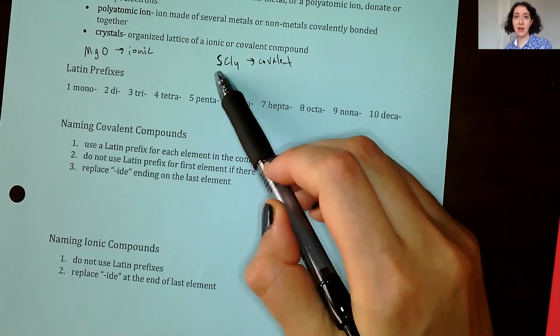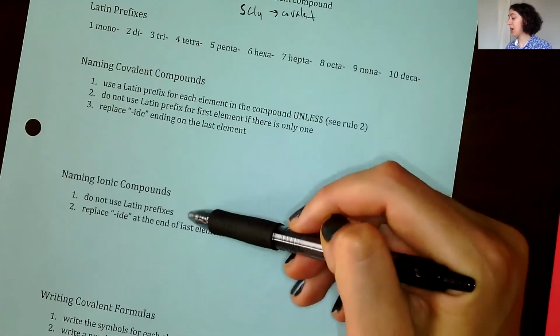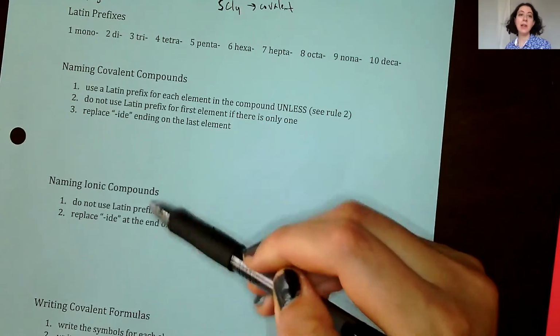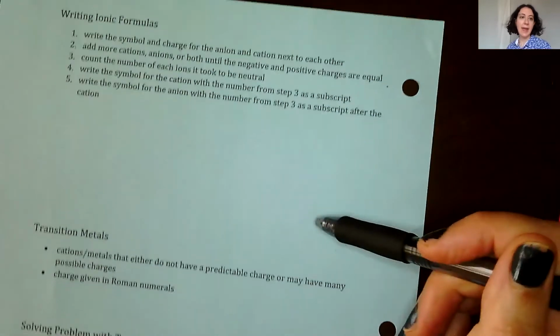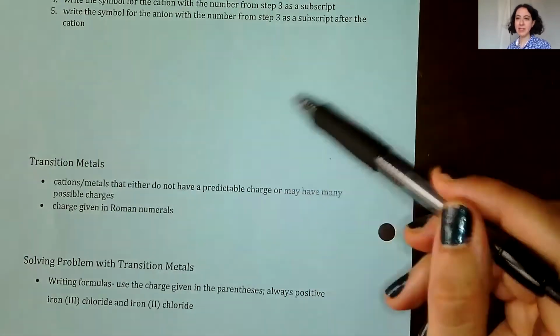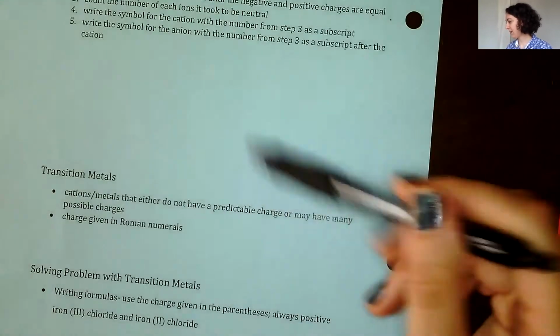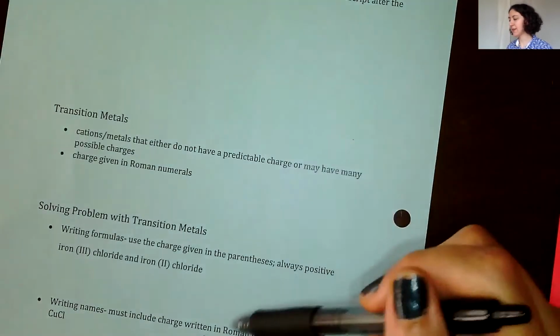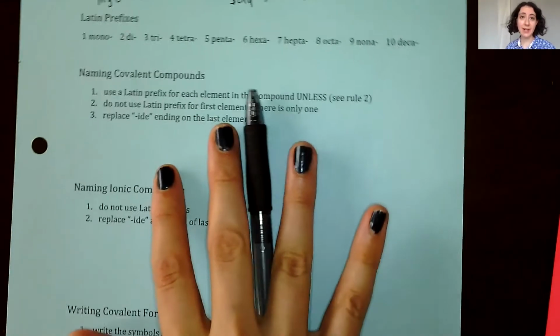So again, SCl4 is the formula. We're also going to do the same thing for ionic compounds. It is different, naming and also writing the formulas. And then we're going to talk a little bit about polyatomic ions, which are not on here, but I'll throw them in somewhere. Transition metals, and then that's pretty much the whole unit.